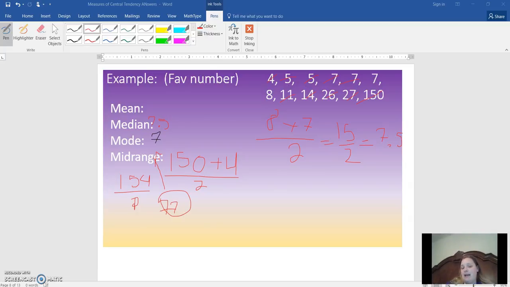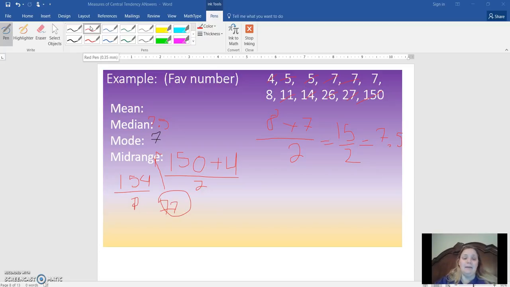So if I took out that outlier, I would get closer to the median. You can't just look at the data and say the outlier is 150. I'm going to mathematically show you how to find that, because if you don't give me the math behind it, I'm not going to believe you.